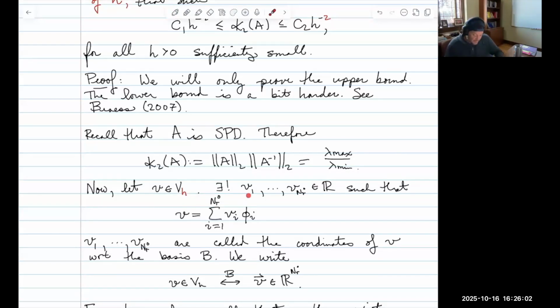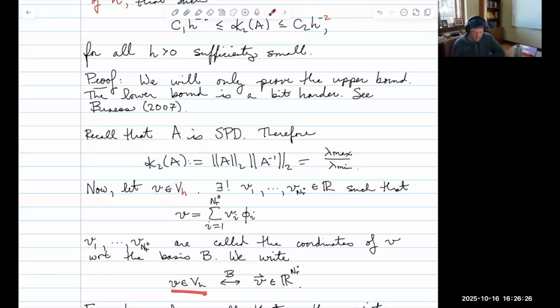Then there exist V1 through Vn, real numbers, such that V is equal to this linear combination of these basis elements phi_i. In this case, we call V1 through Vn the coordinates of V with respect to the basis B. Oftentimes I like to write it like this.